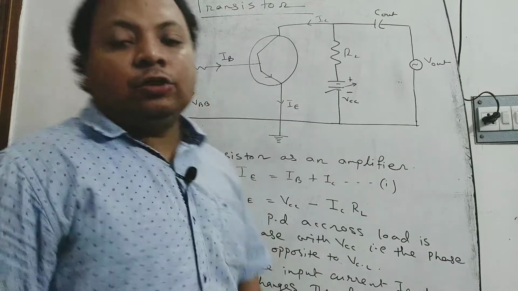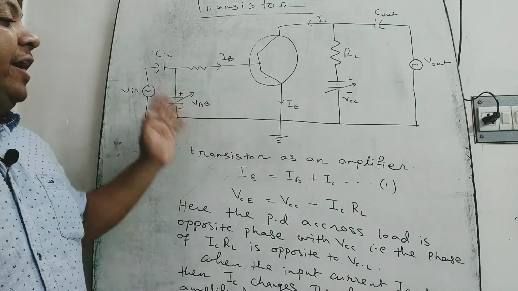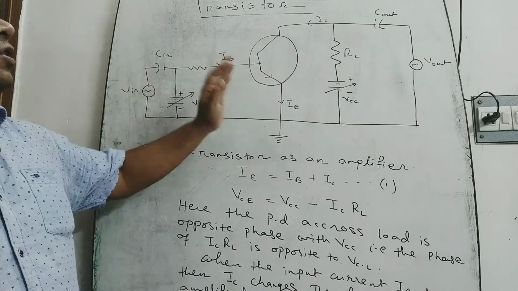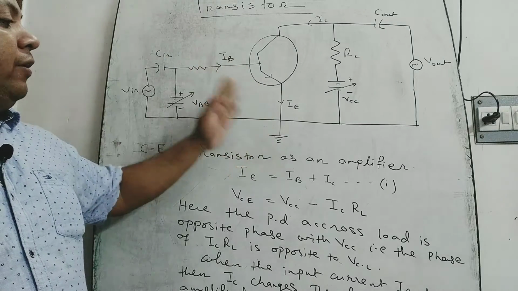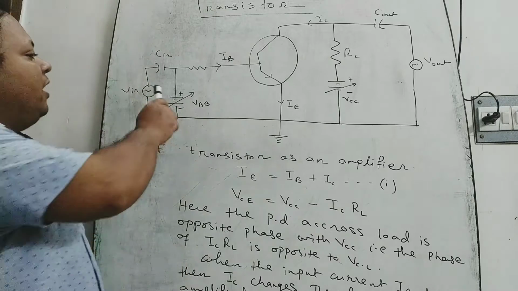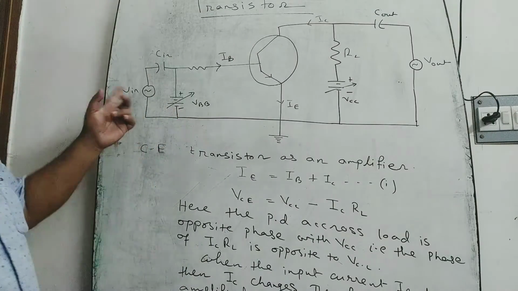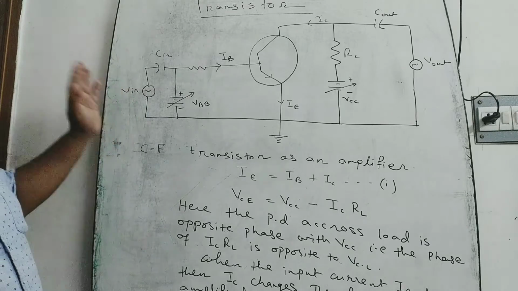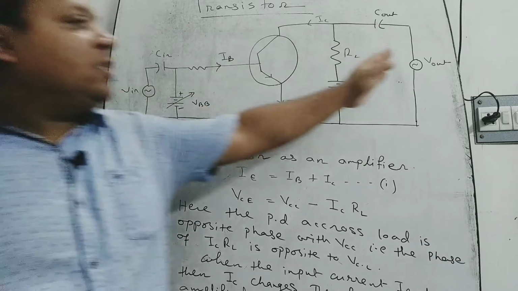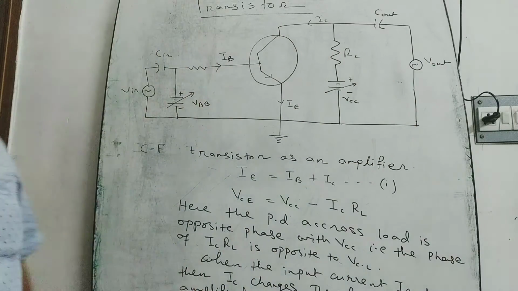This circuit shows the common emitter transistor as an amplifier. We use this common emitter transistor as an amplifier. Here we give the input signal Vin, that is, the voltage of the input signal, and this is Vout, the potential of the output signal.